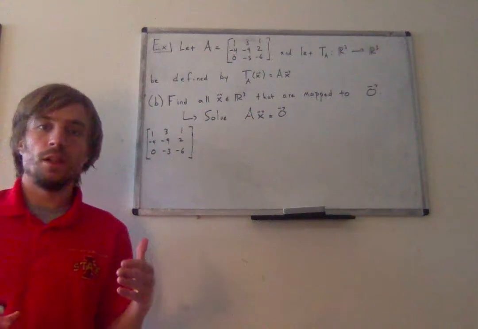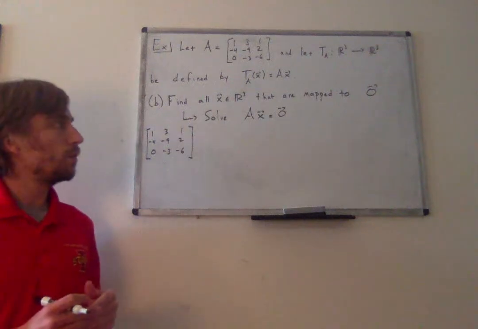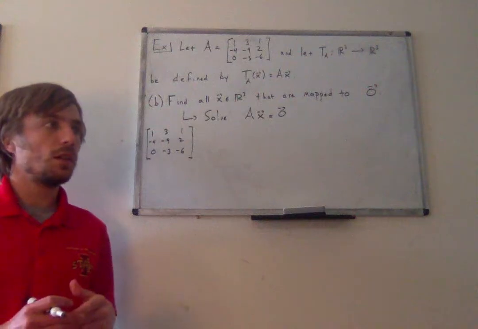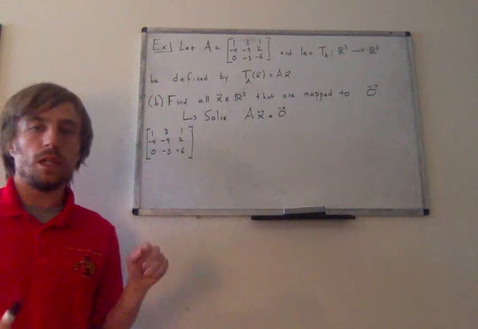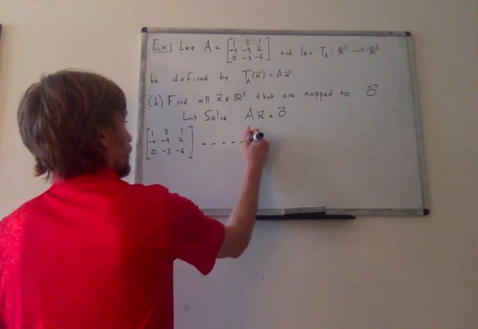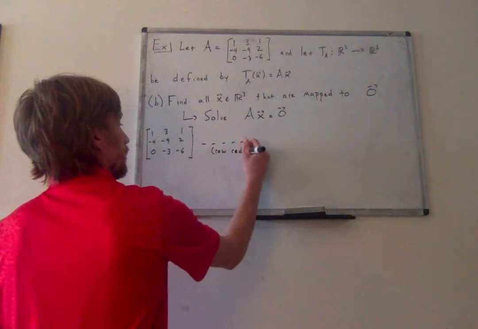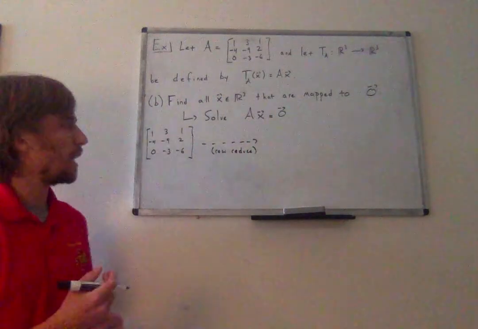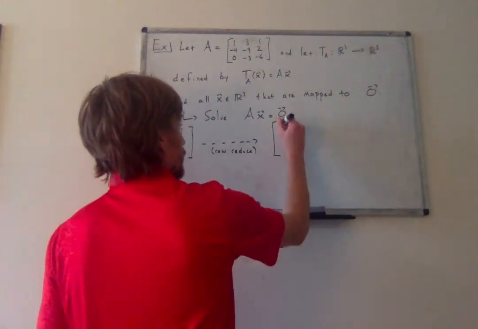And much like before, I will include full details of how I did the row reduction in the solutions guide to the corresponding worksheet. But for now, I'll just say we row reduced this matrix. There's not too many steps, but after row reducing, I get the following RREF matrix.